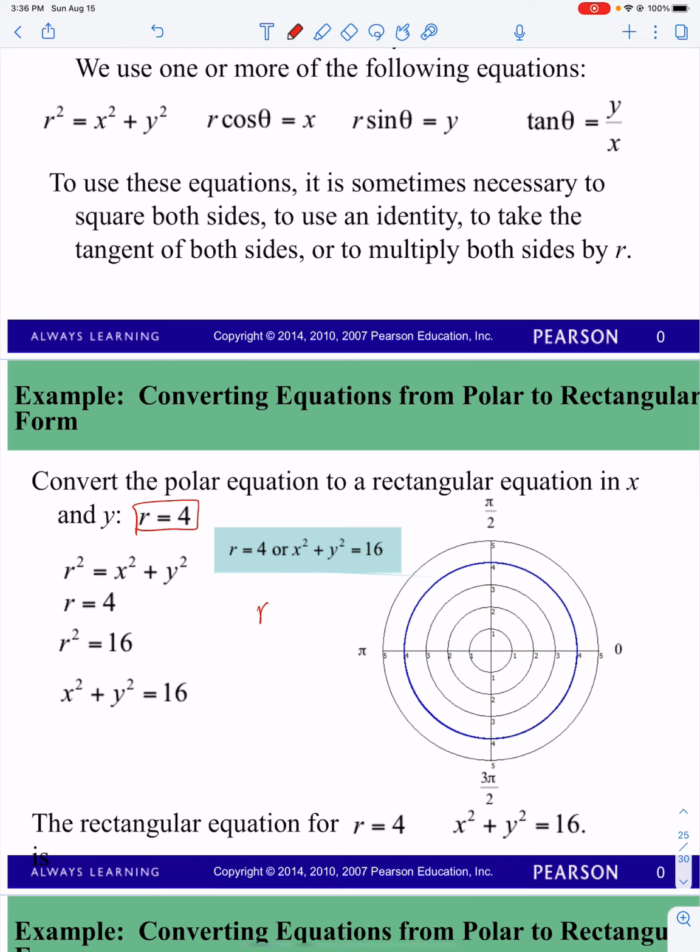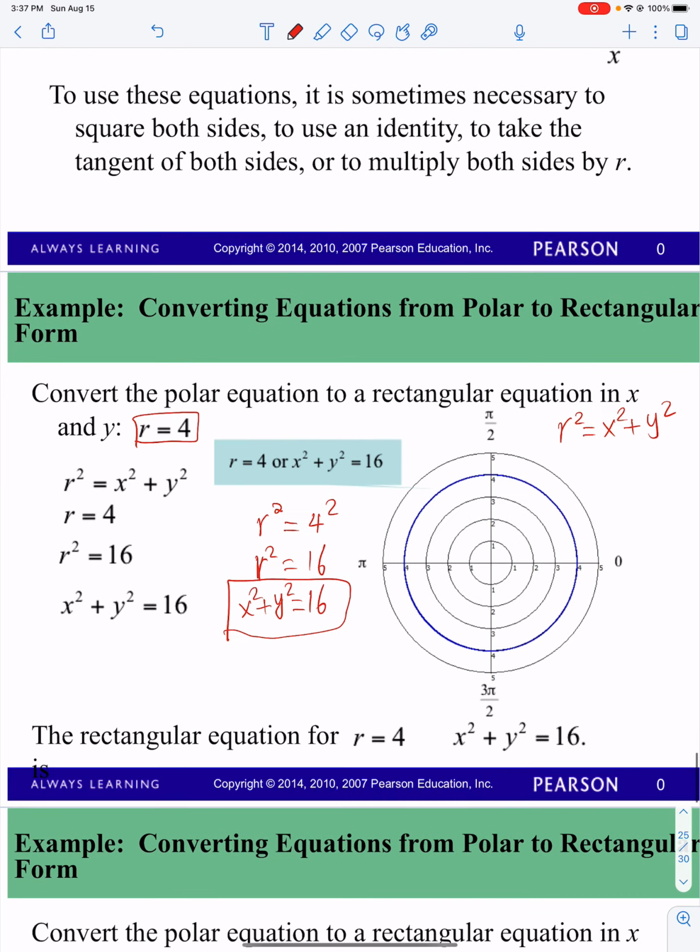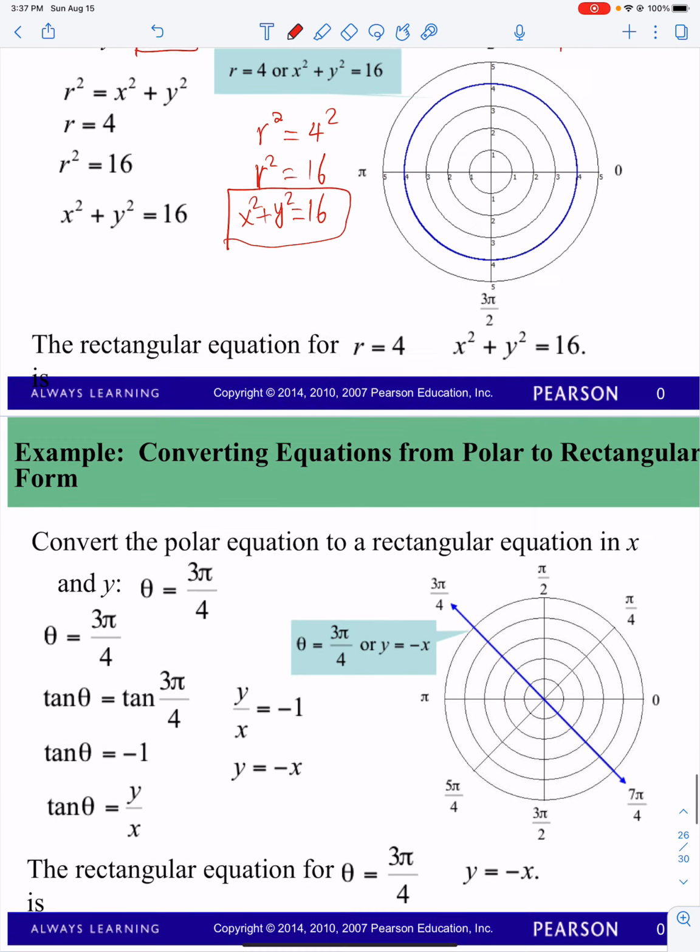The only thing we know is R squared equals X squared plus Y squared, yeah? So we wanted to relate it with xy. So we square both sides. You have R squared equal to what? 16. What will you have here? It will be X squared plus Y squared equal to what? 16. This will be what? Polar one. Rectangular coordinates. Okay.